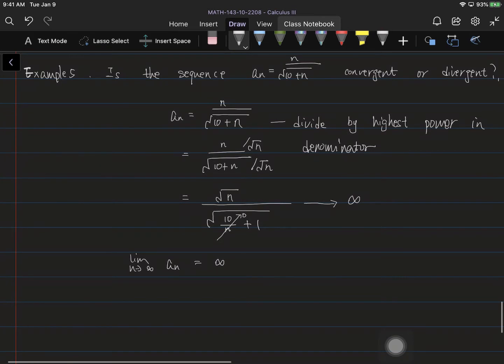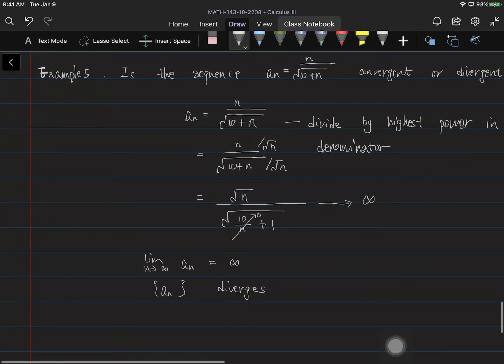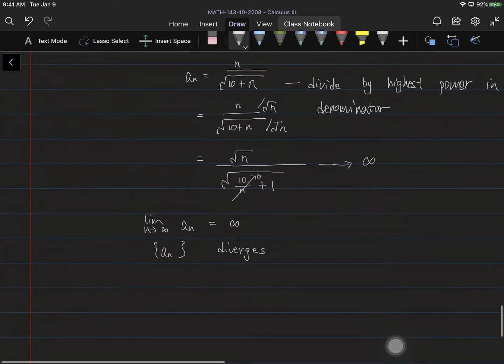So we say the sequence an diverges, or divergent. Okay. That's example 5.